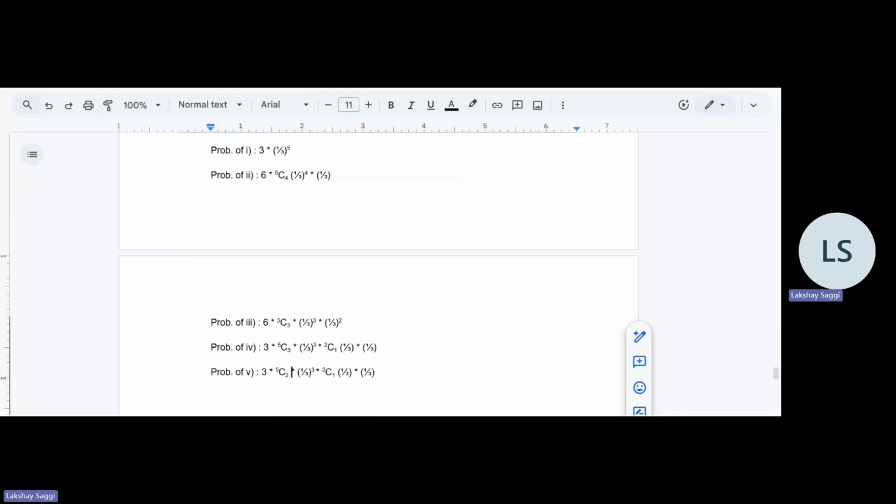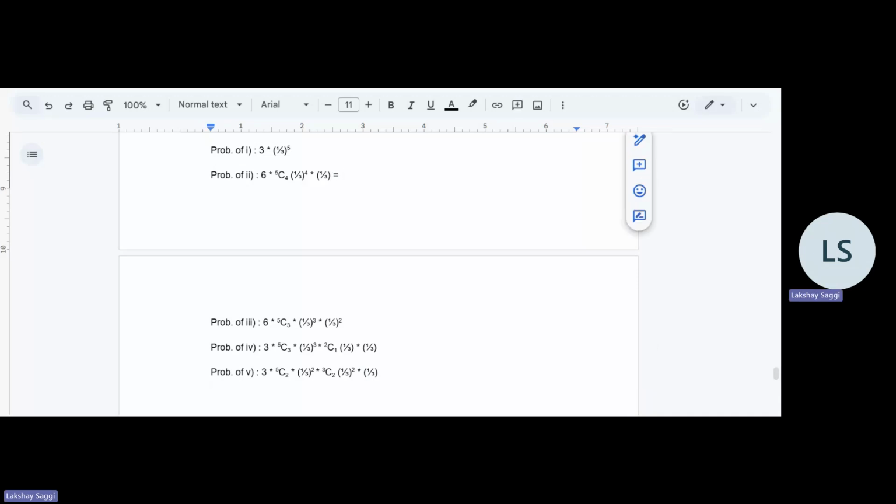So first we select 2 balls, and these 2 balls will be going into the first bin, so we do 1/3 squared. Then out of the remaining 3 balls, we again select 2 balls which go into the second bin, and they go with probability 1/3 squared. Then we just have 1 ball remaining, and it will go into the last bin with probability 1/3. So these are the probabilities which we have obtained.